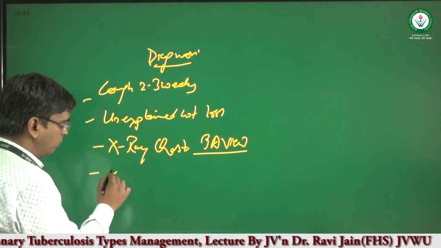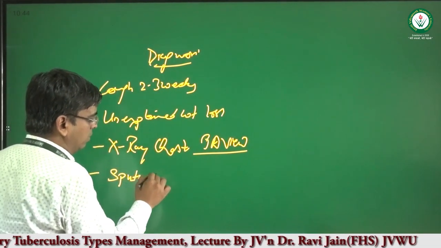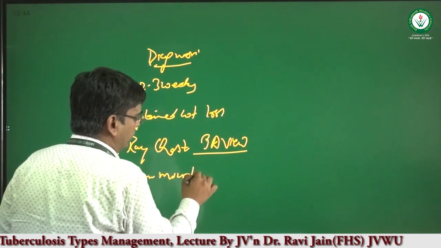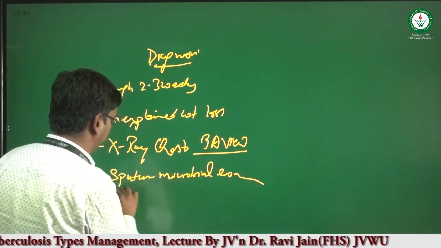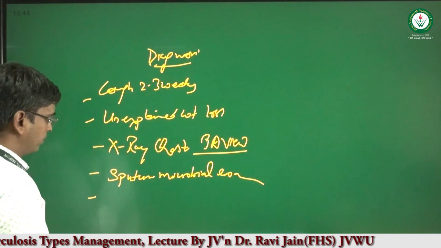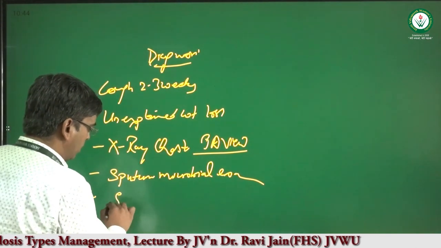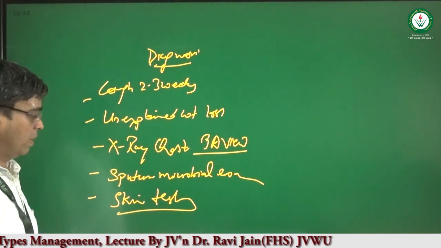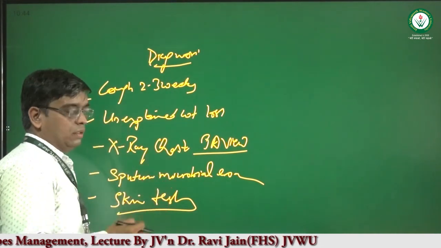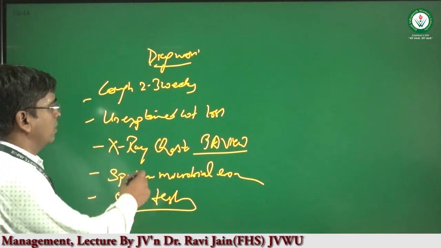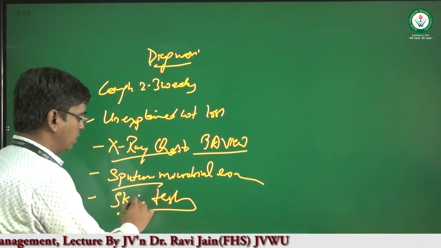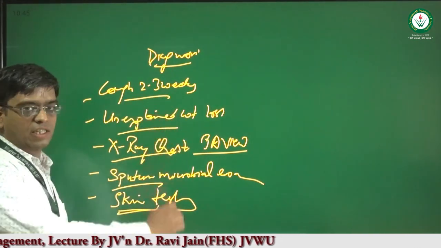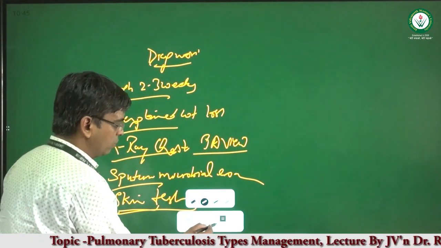Apart from this, we can go for sputum microbial examination, and also we can go for skin testing. Skin test for mycobacterium tuberculosis. So we have to check for X-rays, sputum, skin, cough for 2 to 3 weeks, and unexplained weight loss.